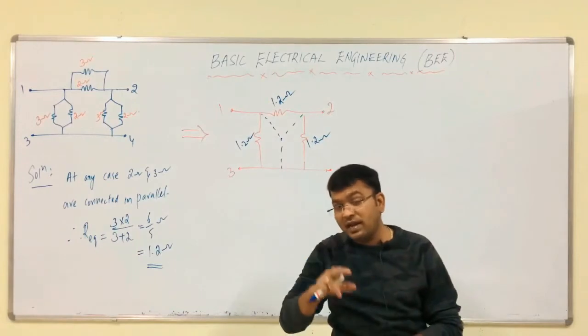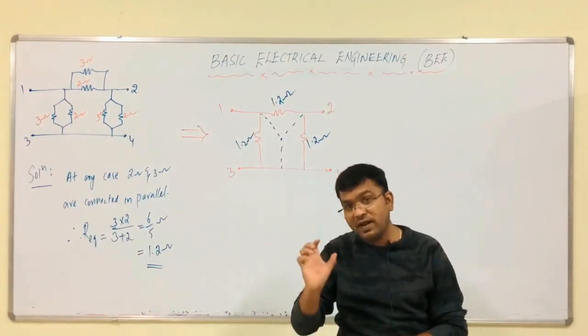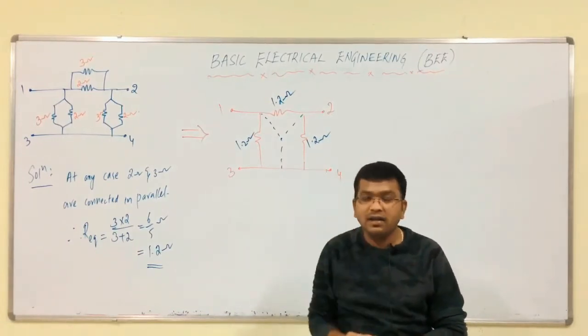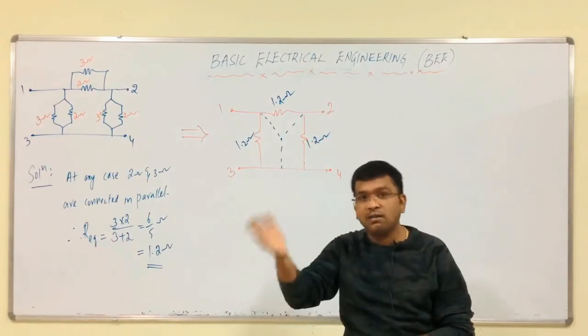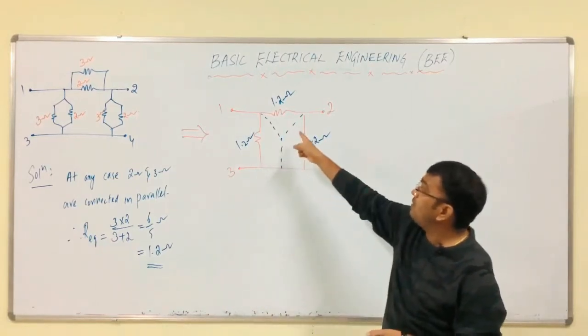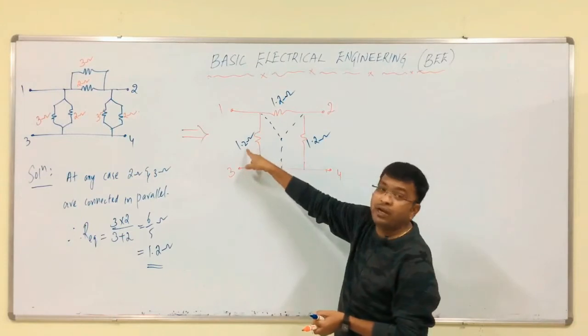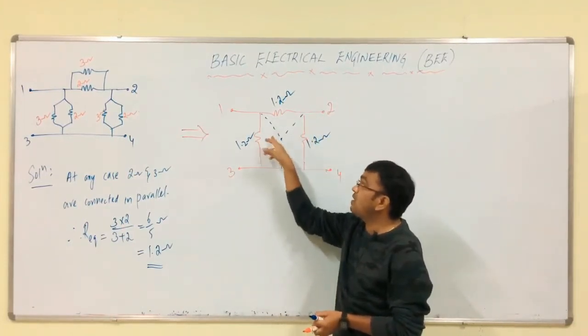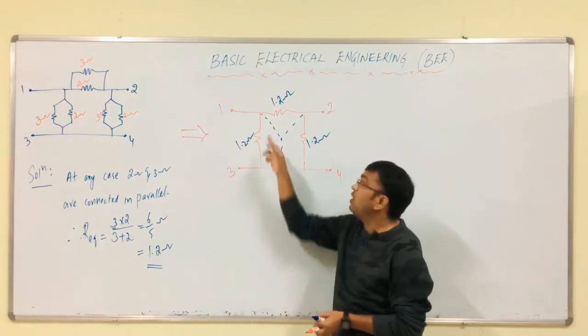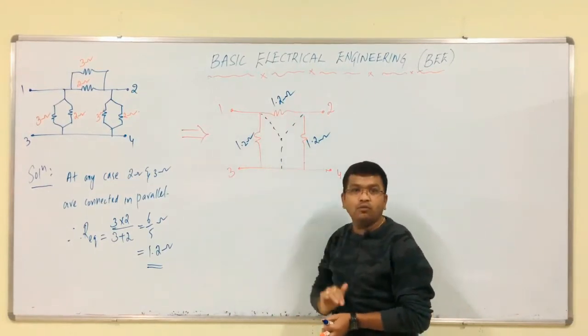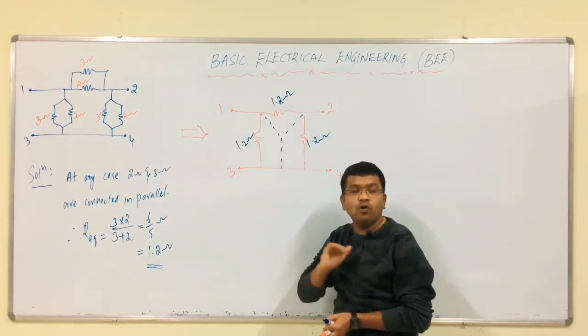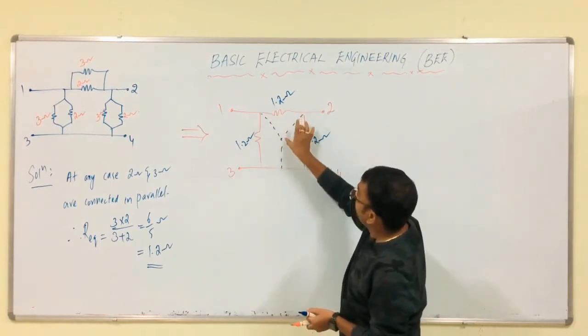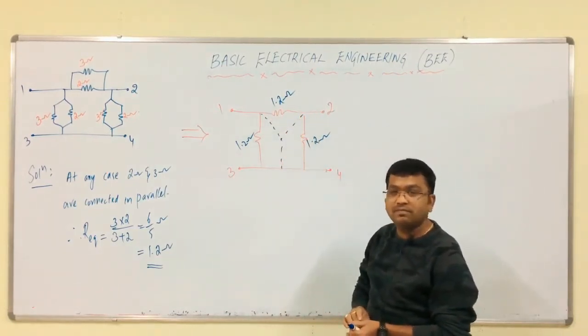In case of a delta connected network, if each branch resistance is R, in case of star it is R by 3. Here each branch resistance is 1.2 ohm, so in the star connected network we get 1.2 by 3 ohms, that is 0.4 ohms for each and every branch. Okay.